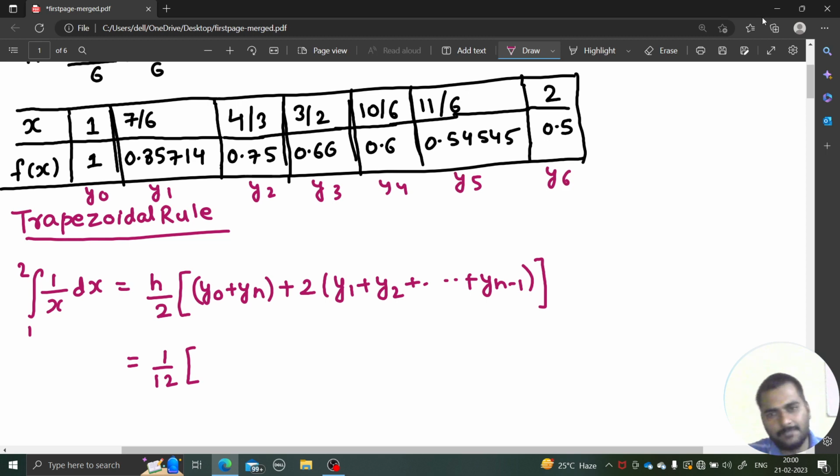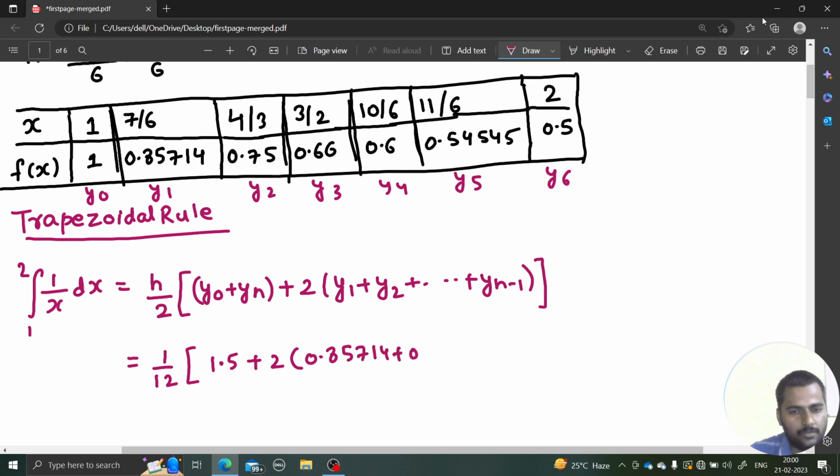So 1 plus 0.5 is 1.5, plus 2 times whatever is remaining, so y1 till y5: 0.85714 plus 0.75 plus 0.66 plus 0.6 plus 0.54545.